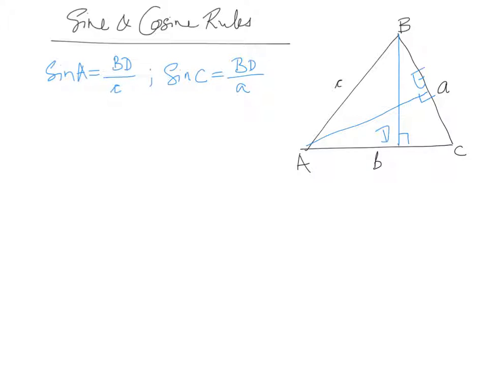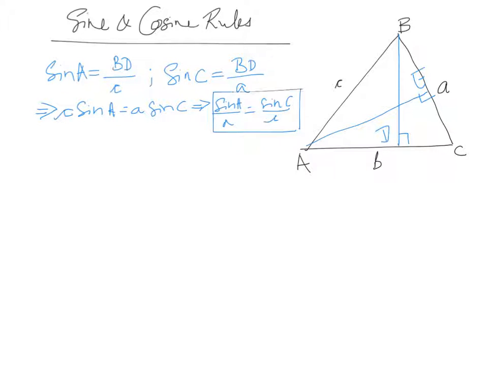Now we equate BD for these two expressions and get c sin A equals a sin C, which implies sin A by a equals sin C by c. Let us label this as equation 1.